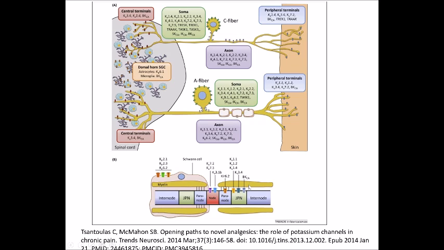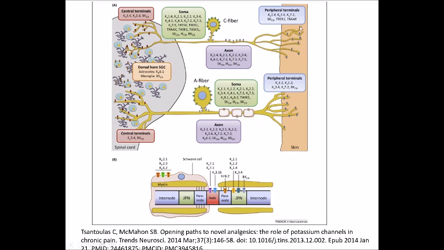And we see the BK calcium-activated potassium channel over here. And we see that there's a different distribution of these ion channels. Now if we look at the unmyelinated C fiber, which is basically like a pain fiber without a lot of wrappings of myelin, we see that there's a more equal distribution of these types of potassium channels.